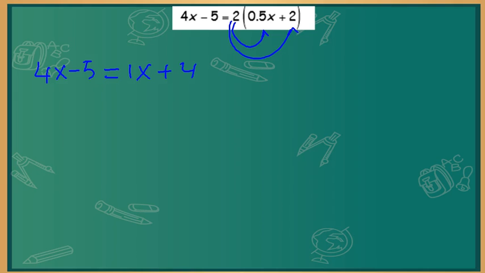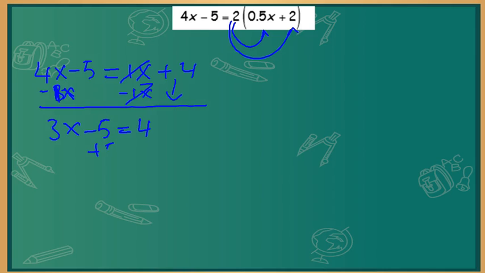Since I see 4x on this side and 1x on this side, I need to combine them together on one side of the equation. But subtracting 1x looks easier to me, so 1x. When I do that, 4x minus 1x will be 3x minus 5, and then these two are going to be gone, and I'm just going to bring this down, which is 4.